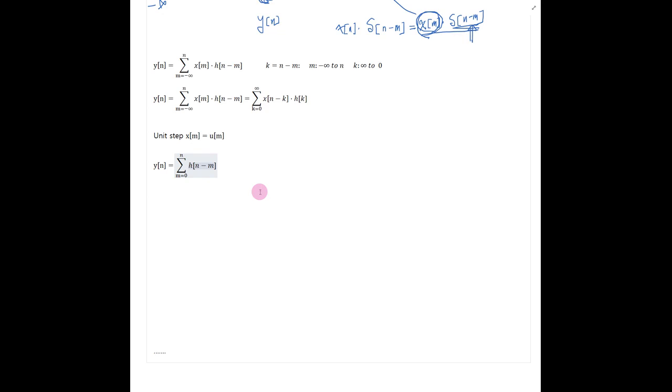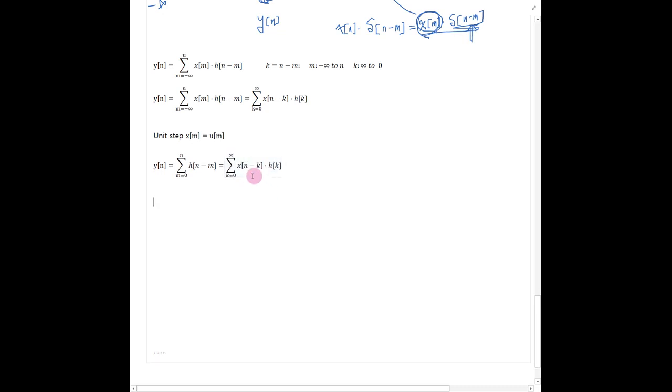The same thing can be applied to these equations: the sum over k of x[n minus k] h[k], and k can take values from 0 to n.